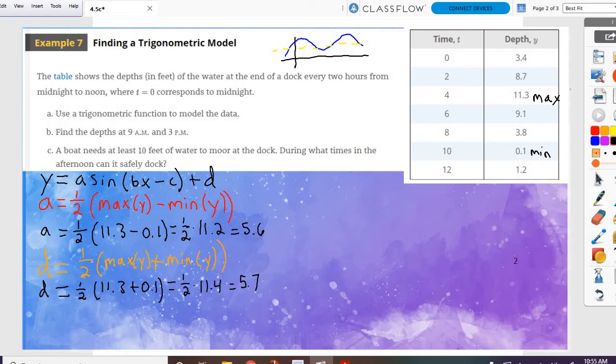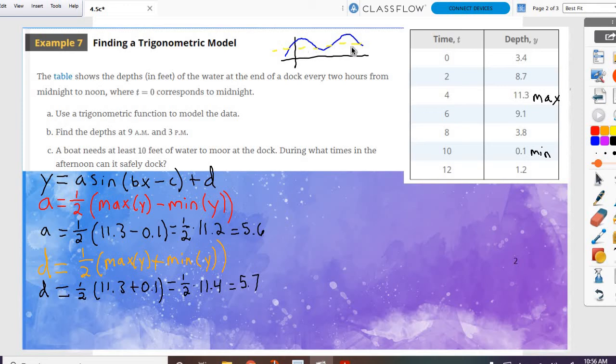And again, let's go back to thinking about what our general sine graph looks like. So remember, for our sine graph, we start and we end at a 0. And it takes one full cycle, or one period, to go from a 0 to another 0.